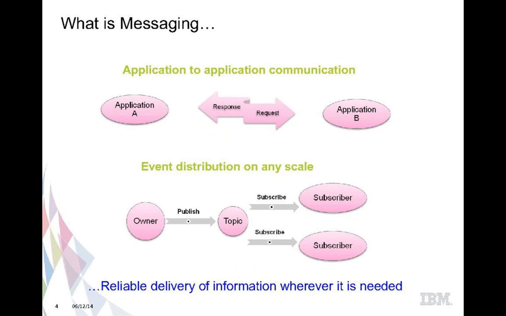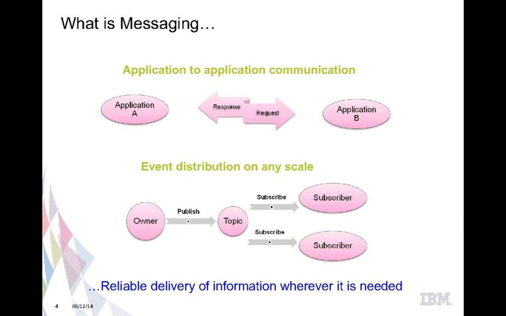They choose a topic and register as subscribers on this topic. There will be a publisher which sends messages onto this topic, and these messages are then received by all the subscribers who have subscribed to it.